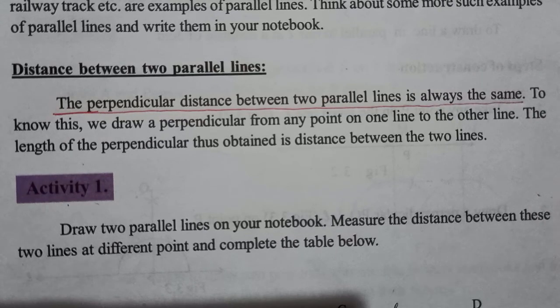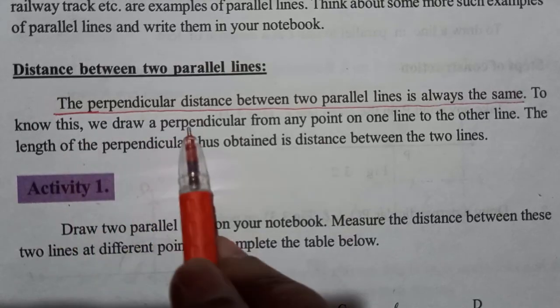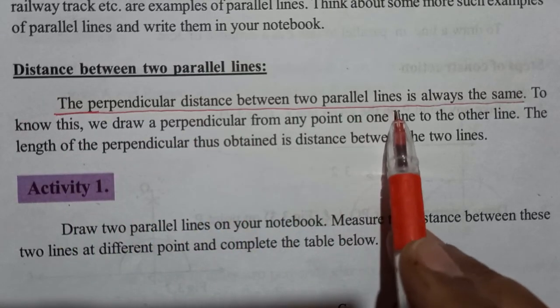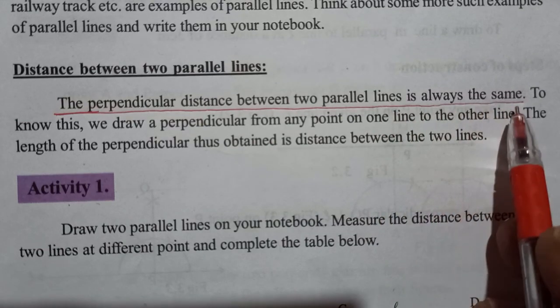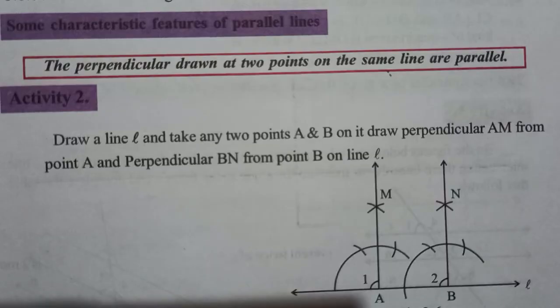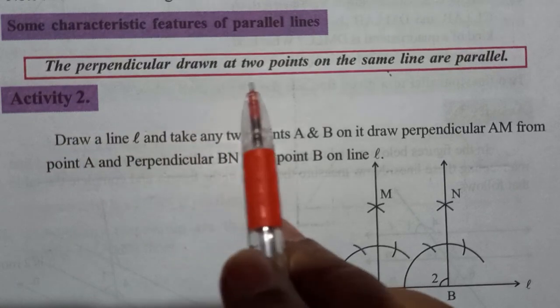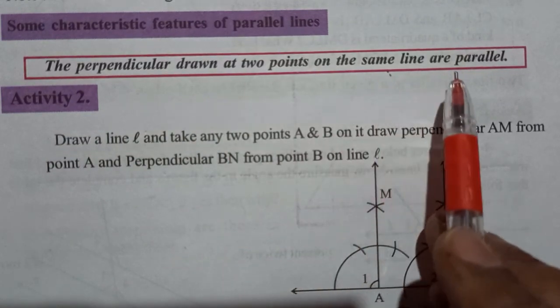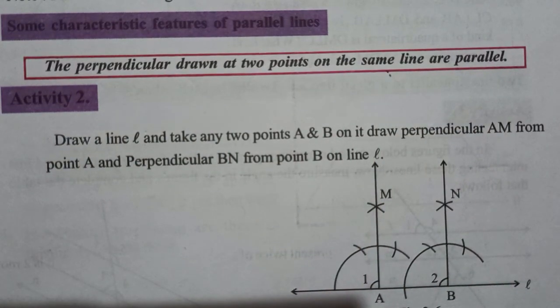Welcome students. In my last video we learned how to draw a line parallel to a given line, and that the perpendicular distance between two parallel lines is always the same, and the perpendiculars drawn at two points on the same line are parallel.